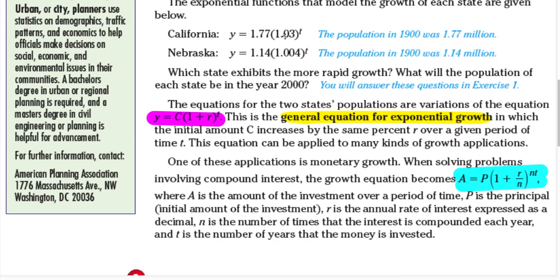This is the equation we will use when talking about monetary growth: A equals P times the quantity 1 plus r over n, raised to the nt. A little variation of our general equation, but this time for monetary growth.